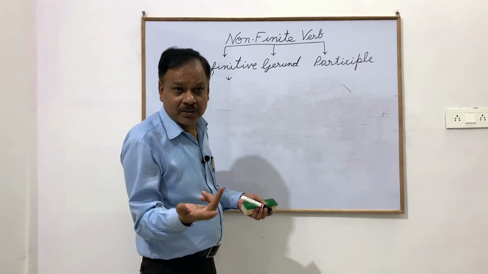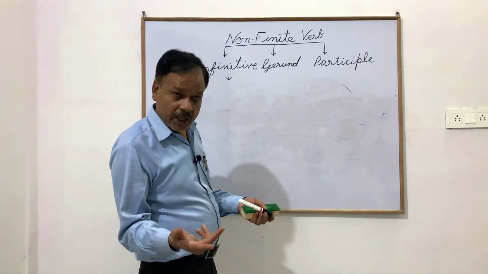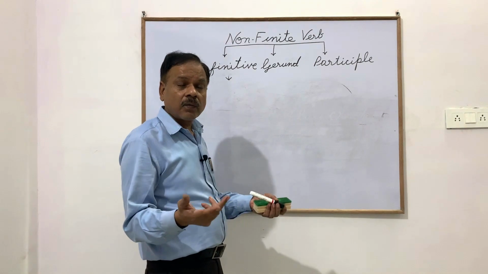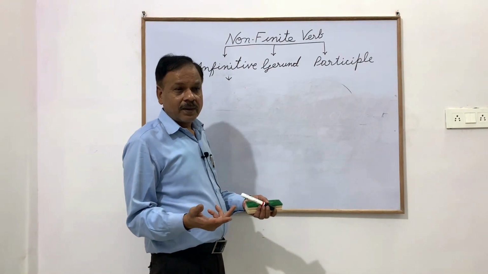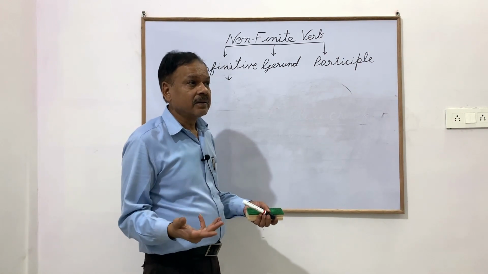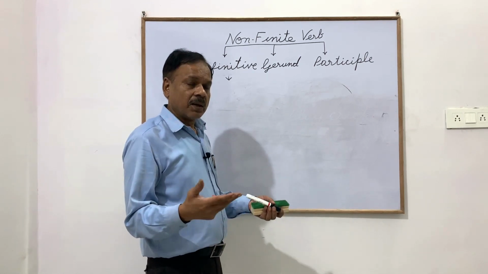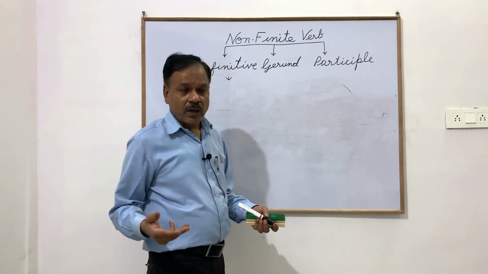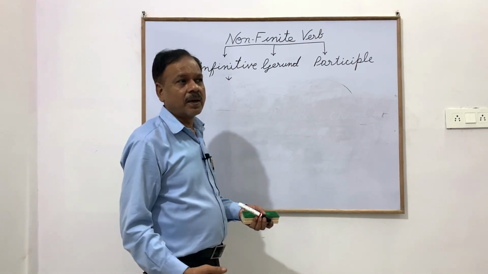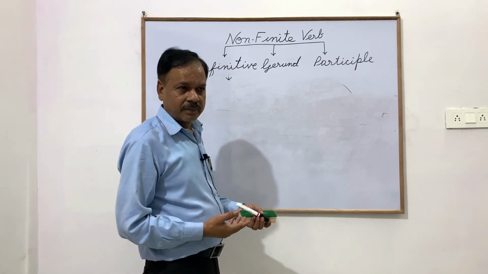So you'll be confused in it. Are all first forms bare infinitives? No. So there is a lot of confusion in this. Then there is also confusion that the ing form is in gerund as well as in participles as well as in finite verbs. In all these three, you have to differentiate nicely according to the functions they perform in the sentence.